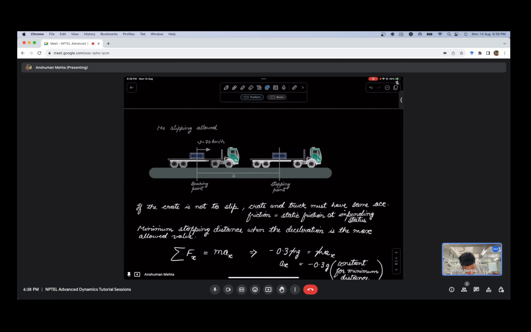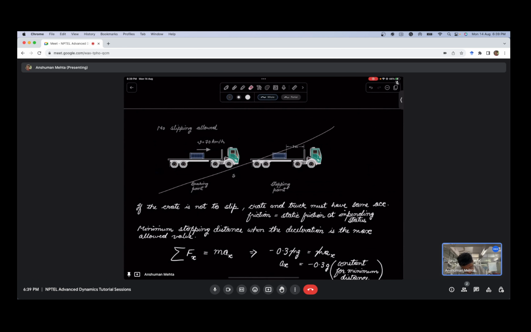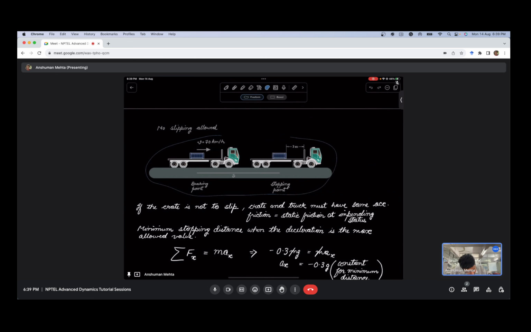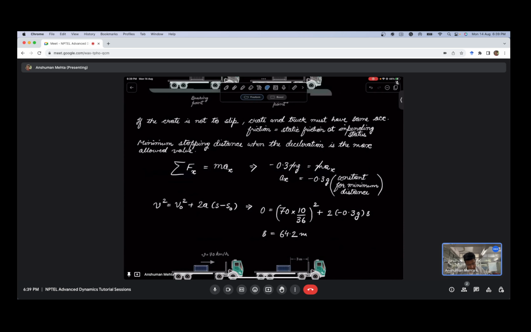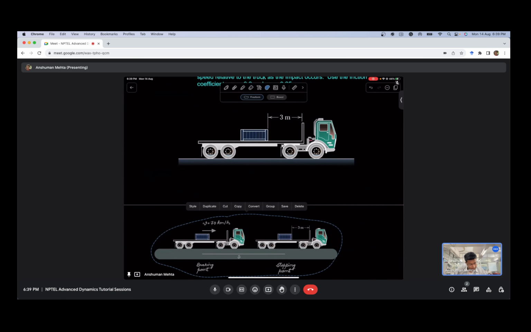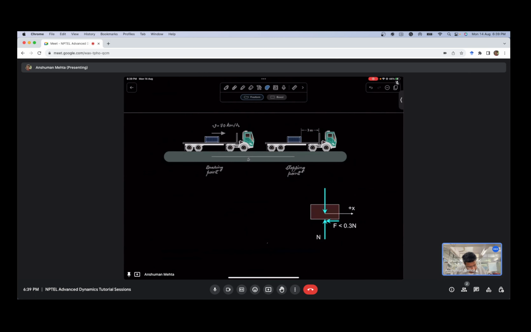So taking the same photo, not working properly. Okay, taking the same photo.